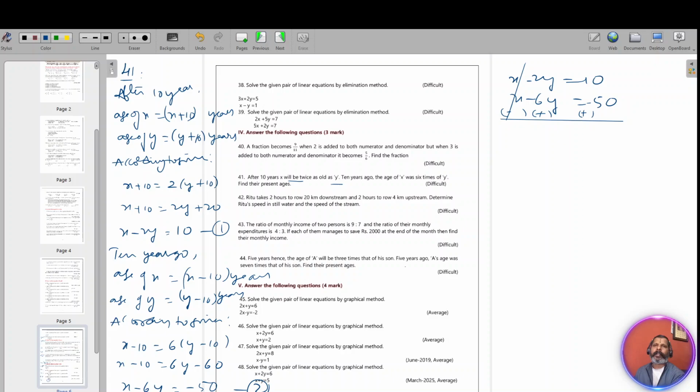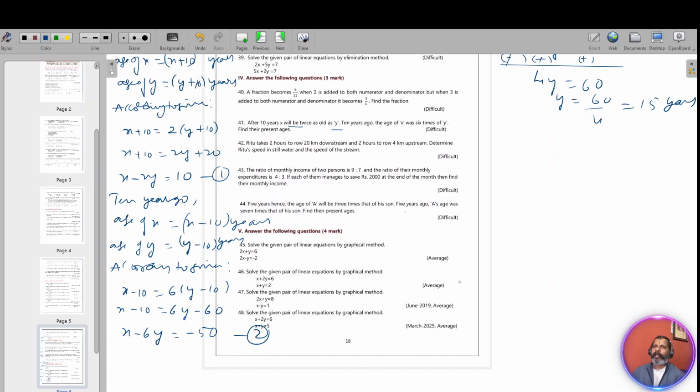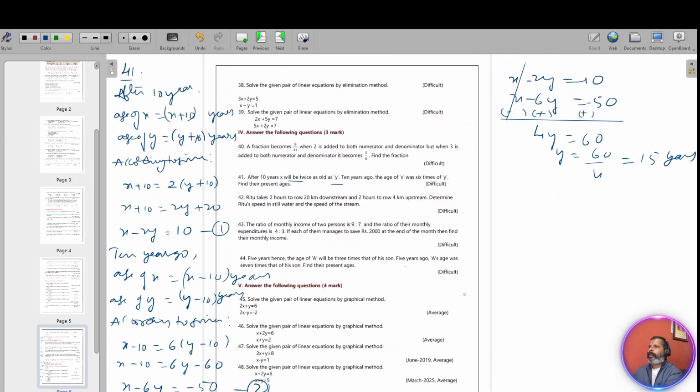Okay. Then once you find this, you substitute this y in any of the equations, that is y equals 15 years. I got the first thing.